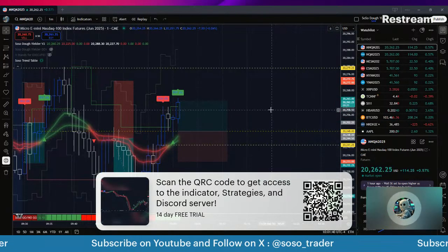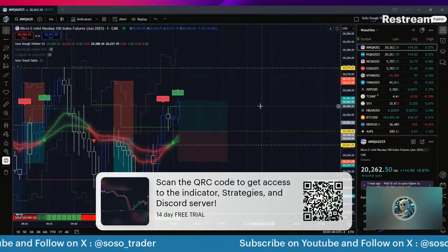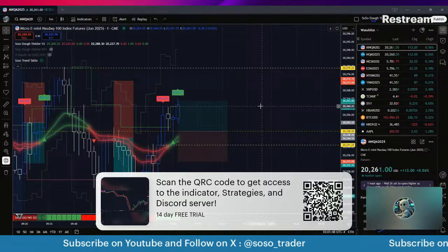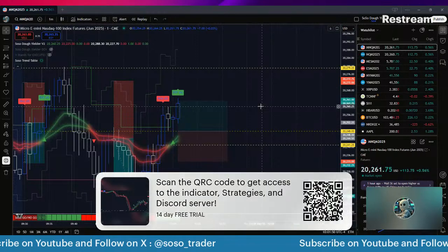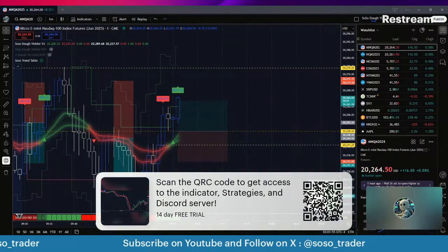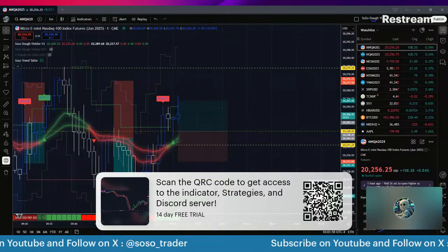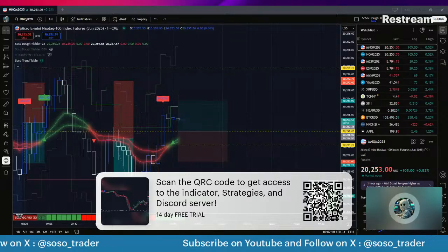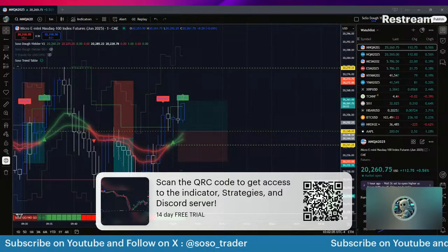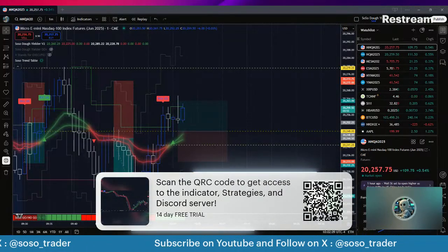We're uptrend on all time frames now. 260.25 is that top level. I'm going to try to get in at 248 if it'll come back down to that. If not, then I'll wait till the level break here.